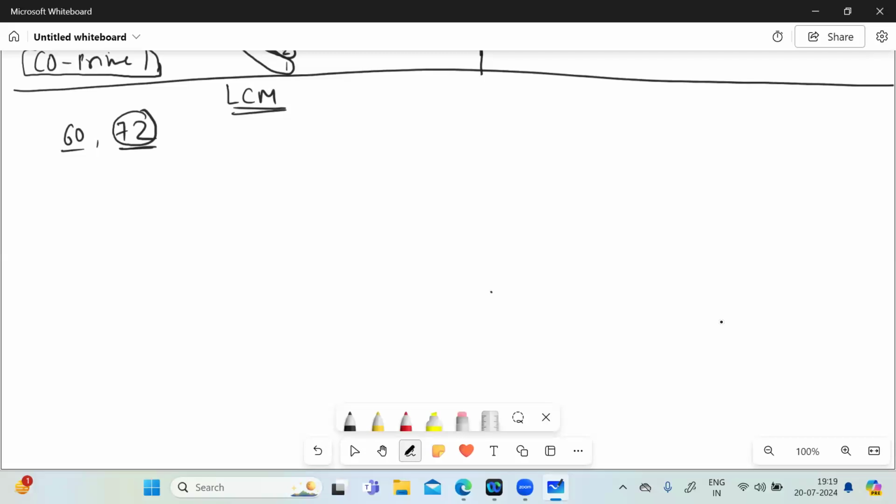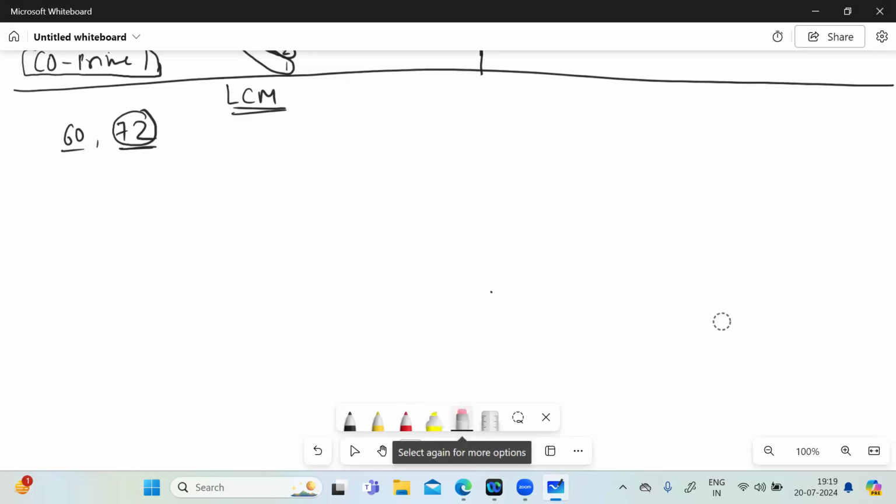When there are two numbers like 4 and 8, 8 is divisible by 4, so the LCM of 4 and 8 will be 8 only. In other words, the smallest multiple of 72 is 72, and the smallest multiple of 60 is 60. Then the common multiple of these two numbers will not be less than 72. So I'll check with the largest number from the group, so I'll start with 72.